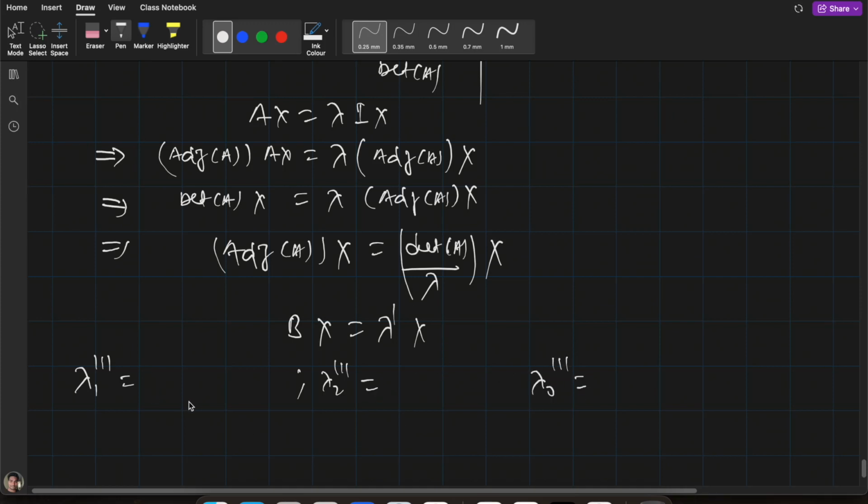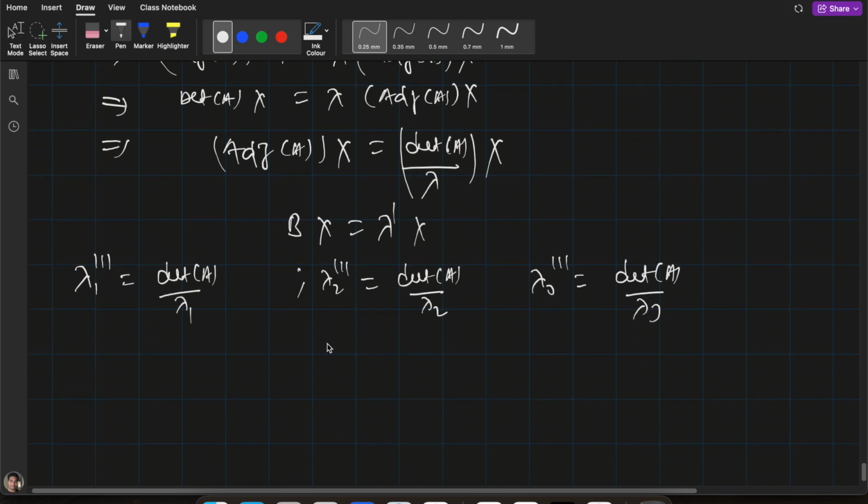What will be λ1'? Determinant of A divided by λ1. Then determinant of A divided by λ2, and determinant of A divided by λ3. Now simplify.